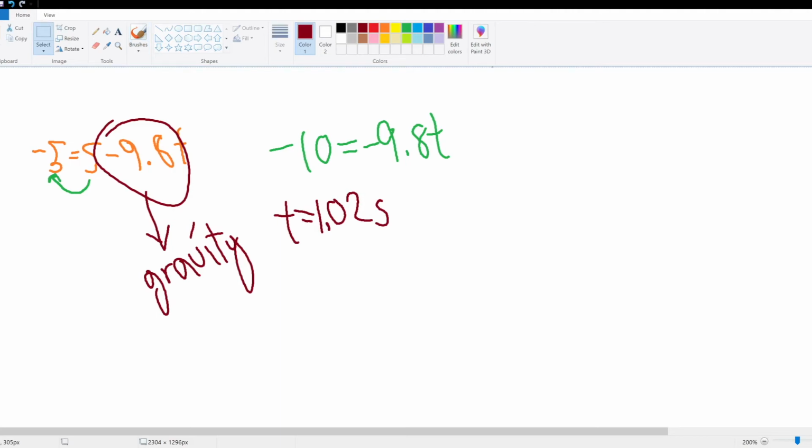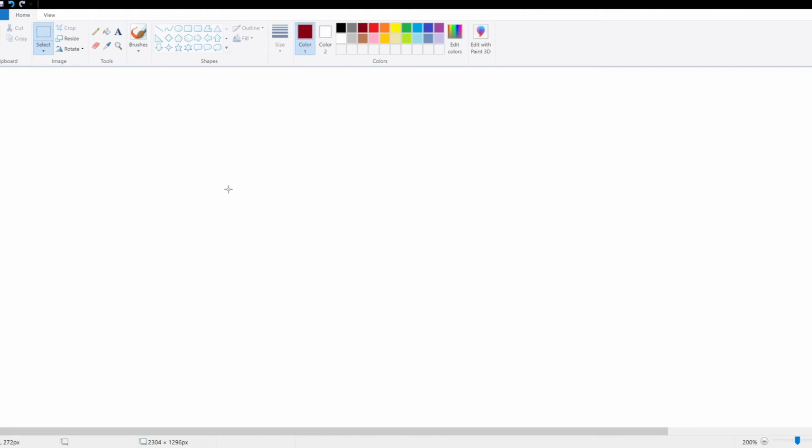So it's going to be 1.02 seconds, okay? Anyways, now that we got through that, let's quickly write it here before we forget. T is equal to 1.02 seconds, okay?